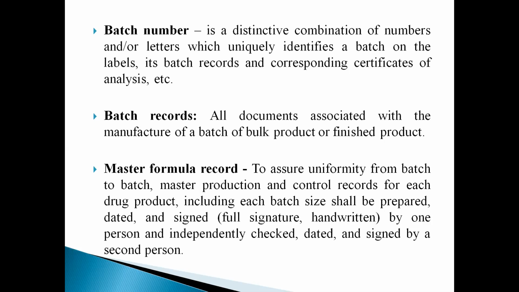So whatever the batch number printed, it has to give all the information in that particular document. And batch records are all documents associated with the manufacture of a batch, that particular batch, bulk product, or even the finished product.